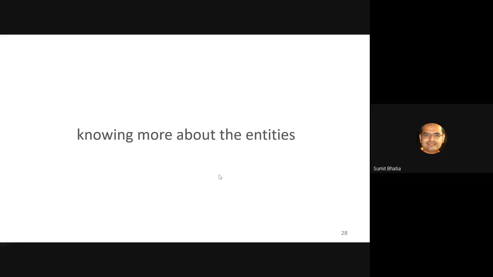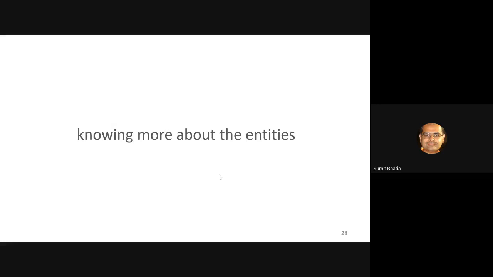So if the user says Steve in context of iPhone, we have a way to figure out that the user is interested in Steve Jobs. This huge graph of hundreds of millions of facts and entities, we have narrowed down to a specific entity. This is our starting point from where we will start exploring.